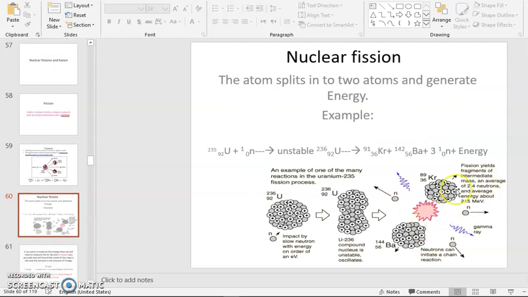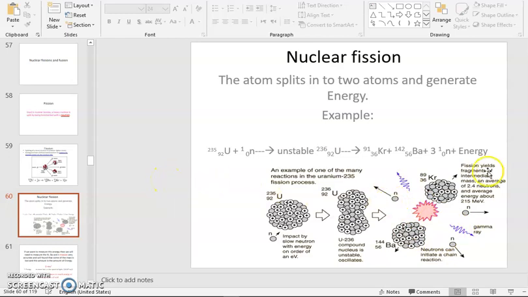Again, same thing. This is uranium-235, and we will hit it with one neutron, and then it will turn into a bigger element that will separate into two elements and three energy particles, or three neutrons and two energy particles as well.